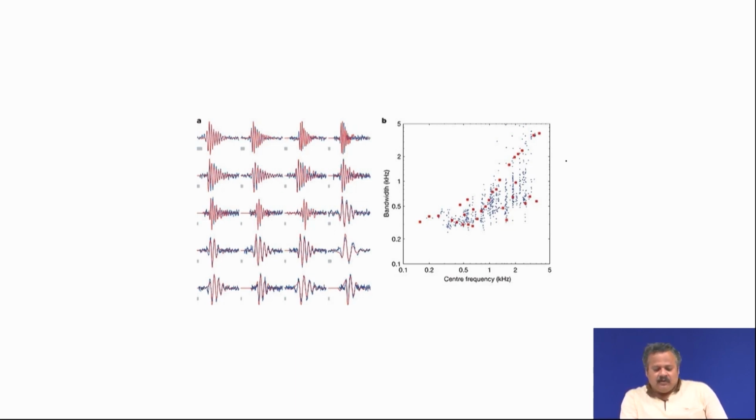This is based on otoacoustic emissions, so you can get an estimate of the filtering, and that is similar to what is obtained in terms of the kernels' properties using the same theoretical principles that we used for the natural sounds.